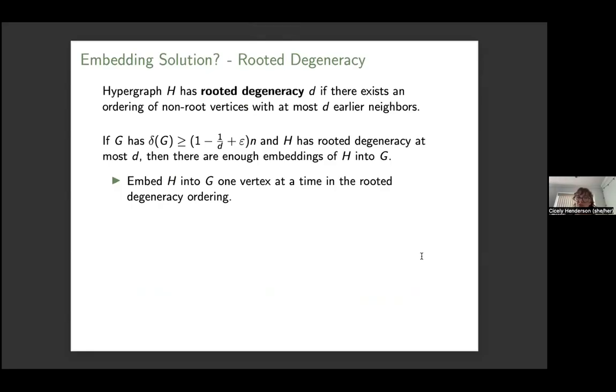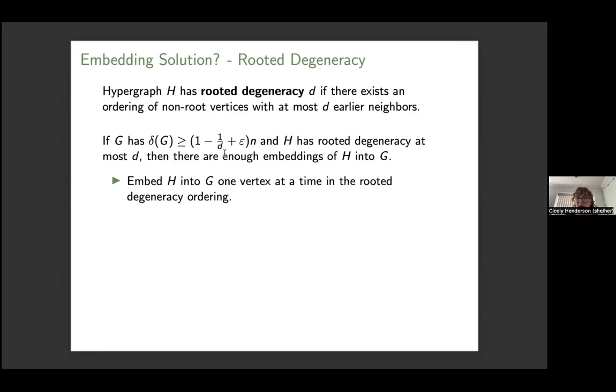Well, how do you do that? How do you show that there's enough ways to embed a rooted subgraph into the base graph G? The classic solution that appears often in the literature is to use rooted degeneracy. A hypergraph H has rooted degeneracy D if there exists an ordering of the non-root vertices with at most D earlier neighbors.